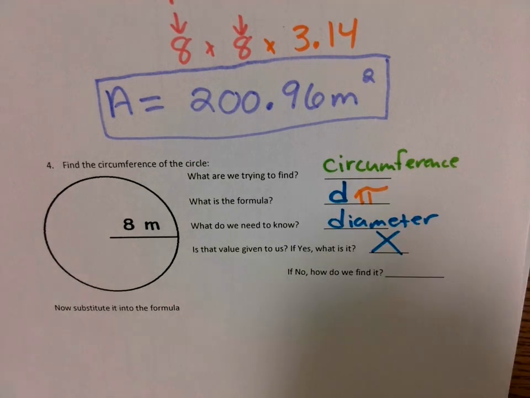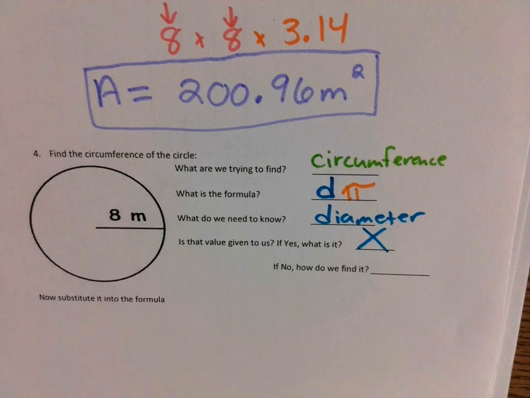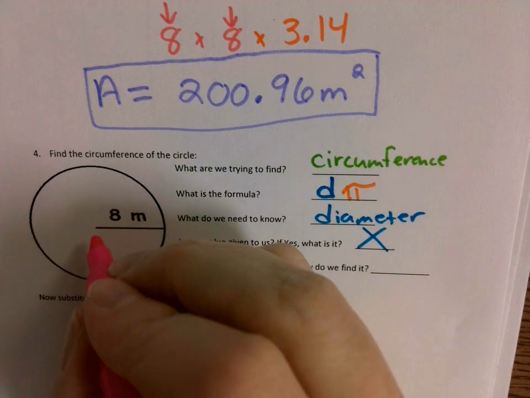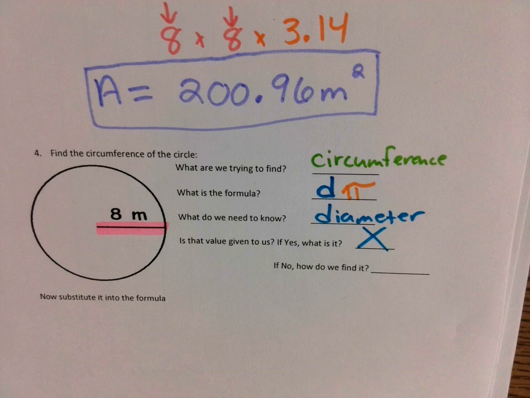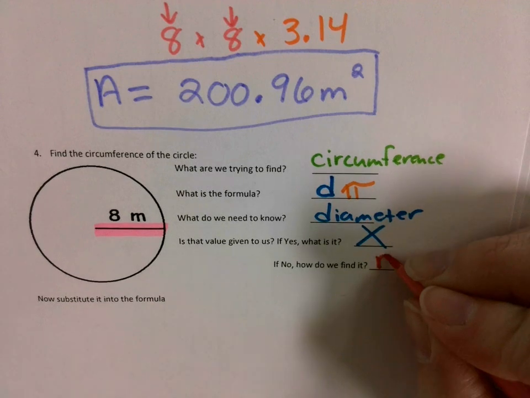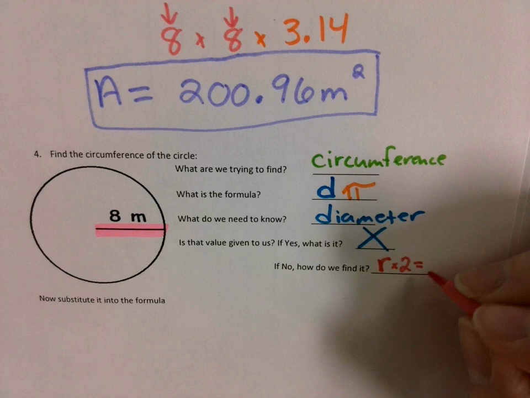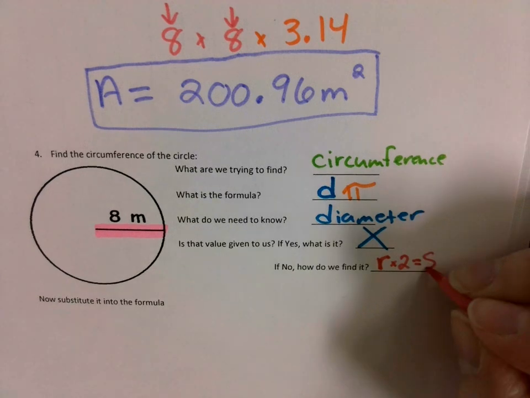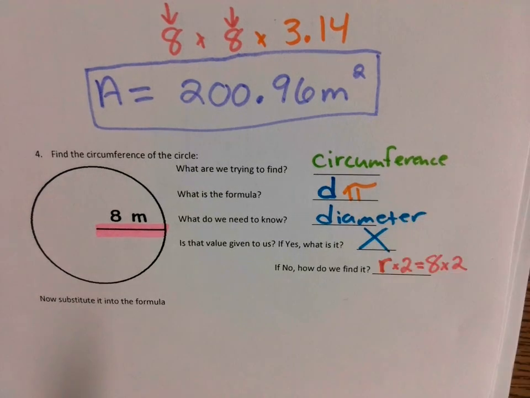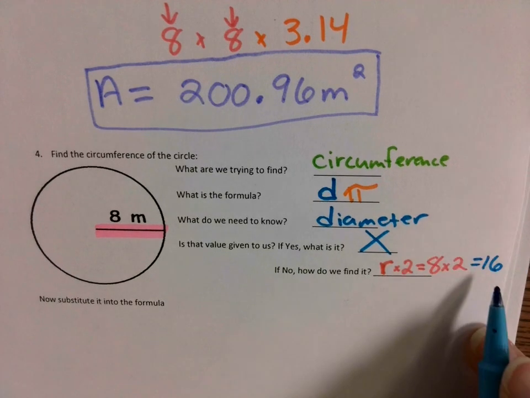How do we convert the radius into a diameter? Multiply it by 2. We're going to do radius times 2, which means we're going to take 8, multiply it by 2, and that's going to give us what? 16. So the diameter is equal to 16.